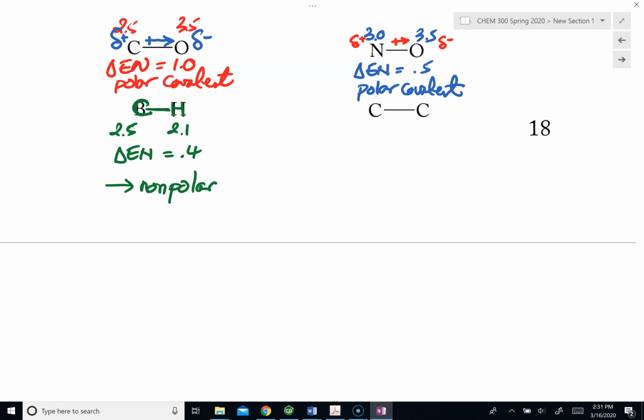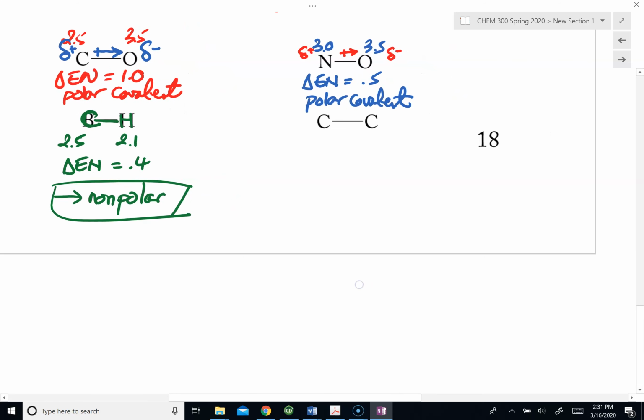Please commit this to memory and understanding, because this is a very, very common bond that you will see a whole lot in this class. Again, a C-H bond is a nonpolar covalent bond. And lastly, this bond right here will also be a nonpolar covalent bond.